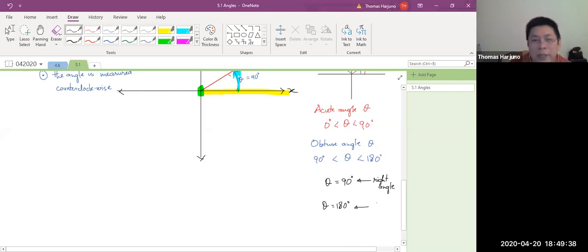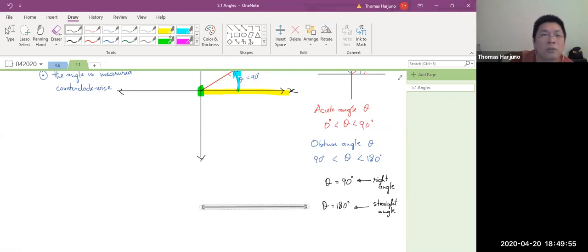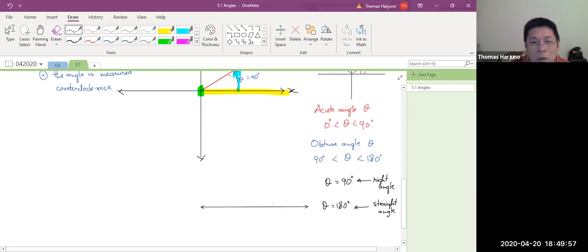We call that a straight angle. It forms a straight line, but the angle is called a straight angle. That's 180 degrees.